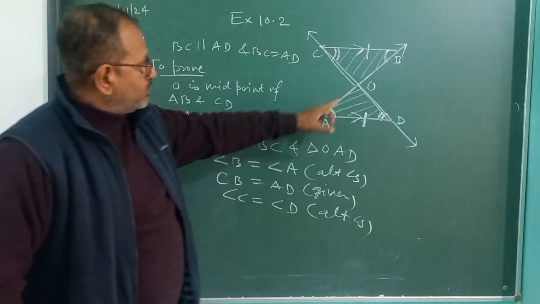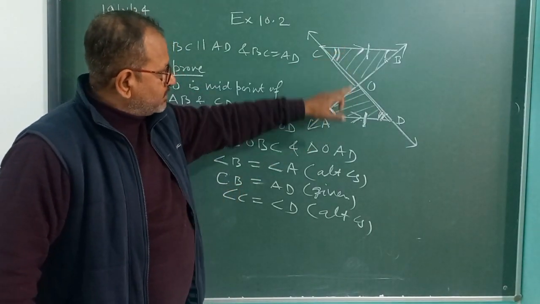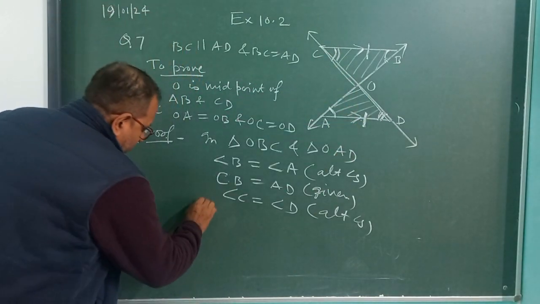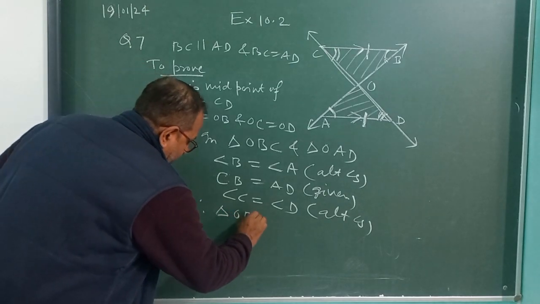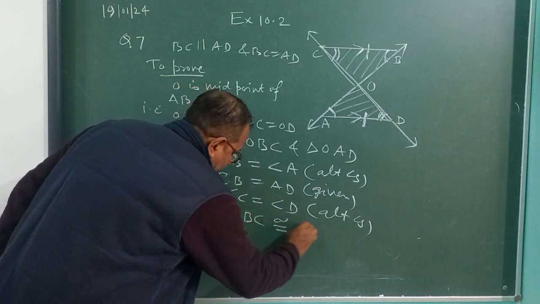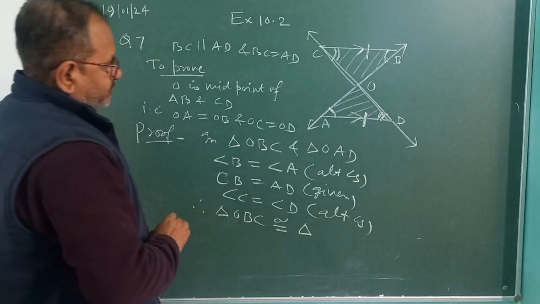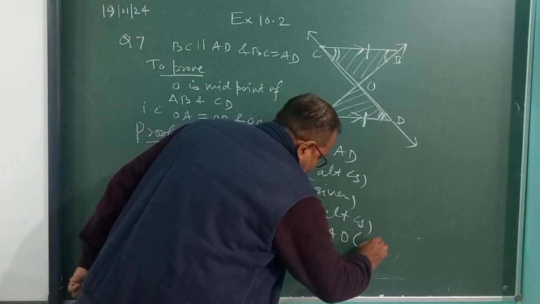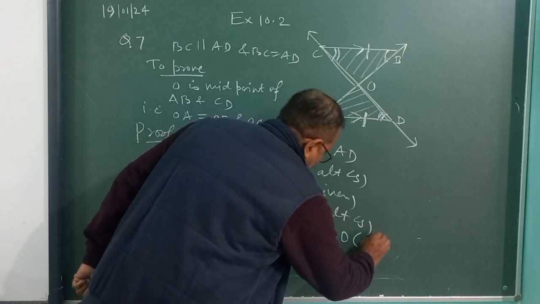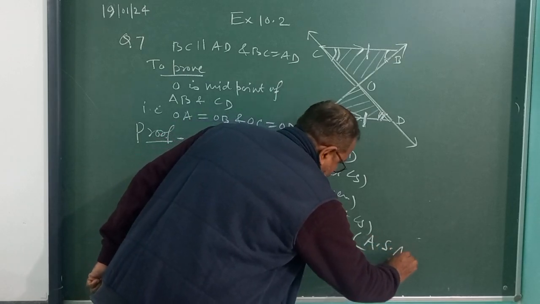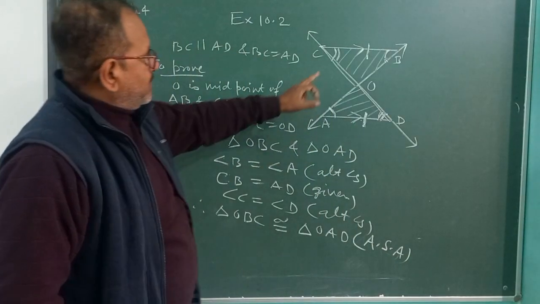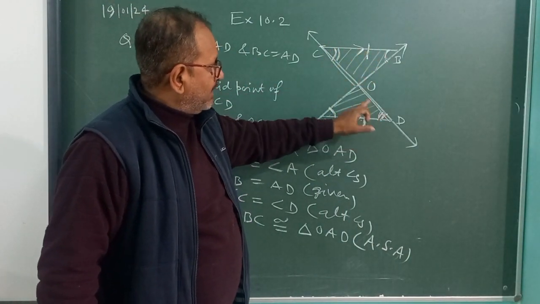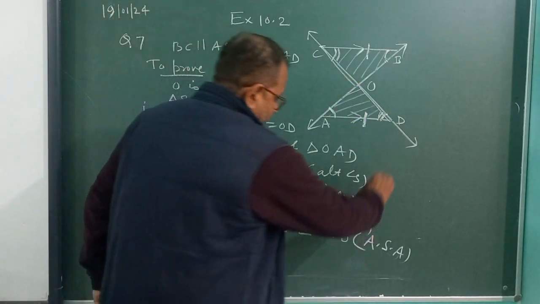So angle B is equal to angle A, BC is equal to AD, angle C is equal to angle D. So we can write triangle OBC congruent to triangle OAD by condition angle side angle. Angle side angle, both the triangles are congruent.